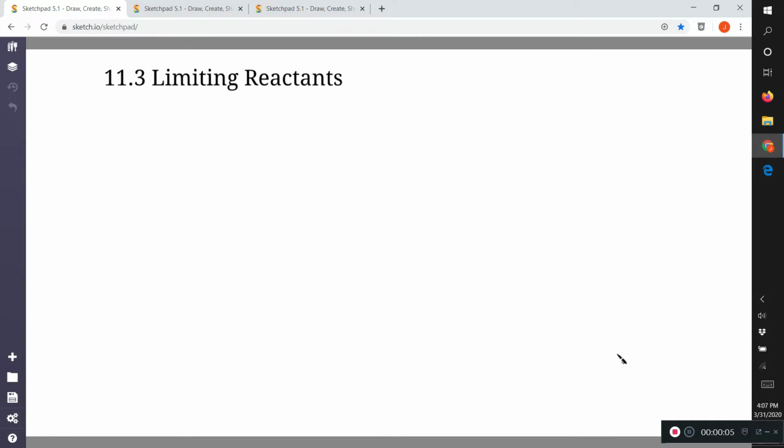Today we're going to be talking about section 11.3 on limiting reactants. So let's briefly define a couple things pertaining to this section. First of all, what is a limiting reactant?